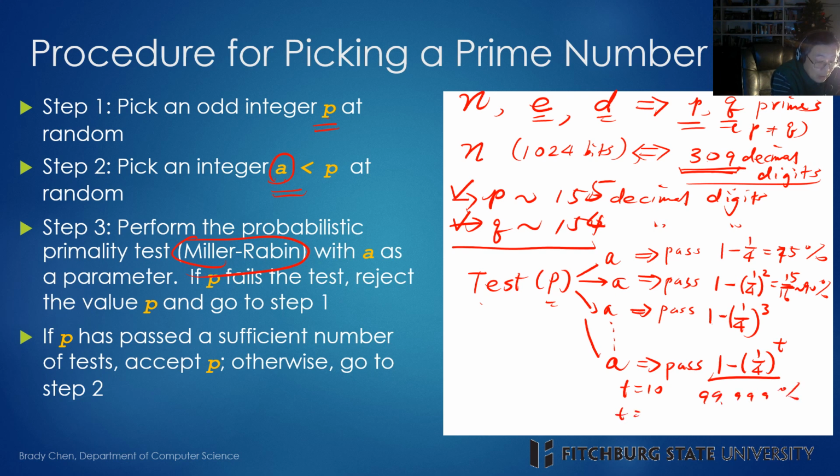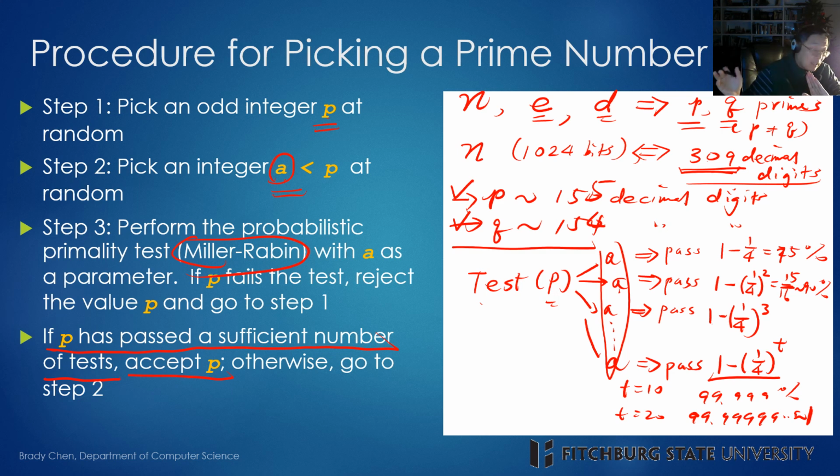If t is 20, it's 99.99999, I don't know how many nines. It's almost close to 1. So if p has passed a sufficient number of tests for different a, then we accept p, even though it's not certainly a prime, we know that it's most likely a prime number.